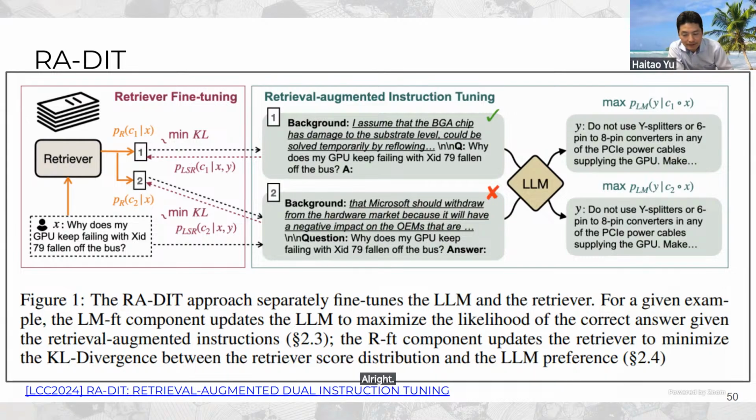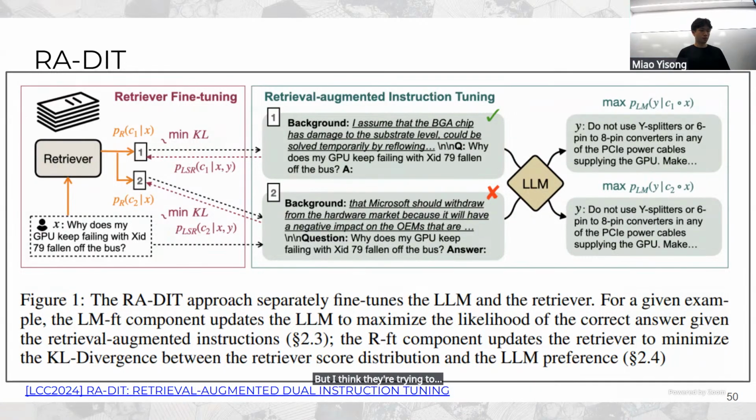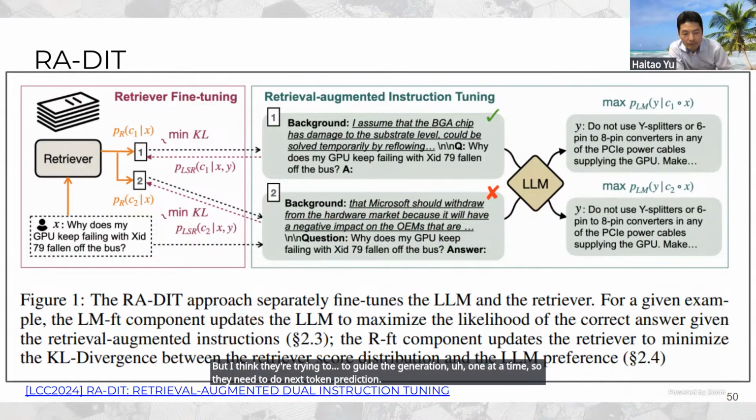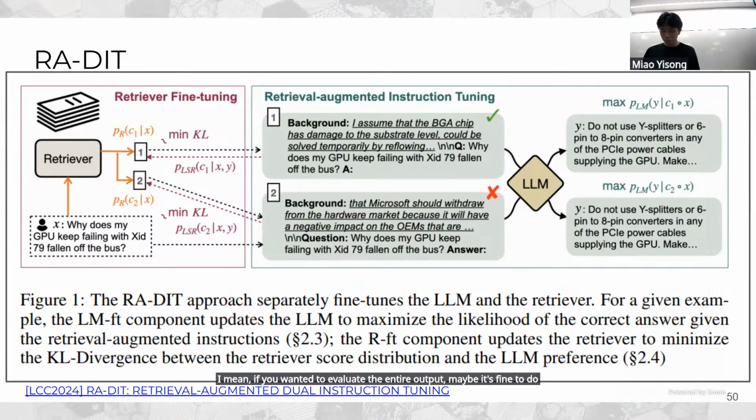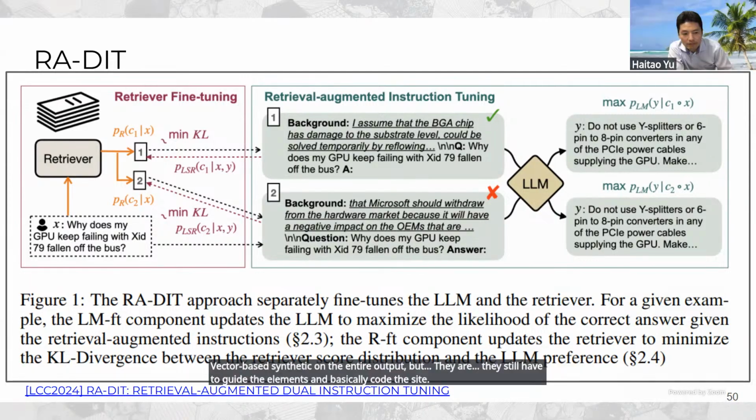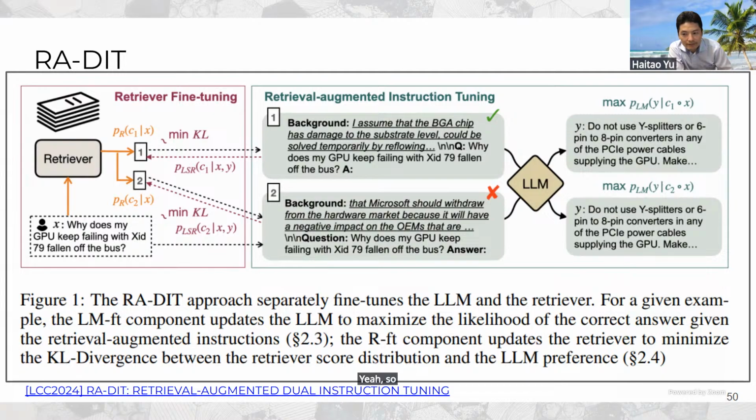But I think they're trying to guide the generation one token at a time, so they need to do next token prediction. If you wanted to evaluate the entire output, maybe it's fine to do it at the end using a vector-based embedding of the entire output, but they still have to guide the LLM to generate the tokens, right? So probably next token prediction is the correct way to go.